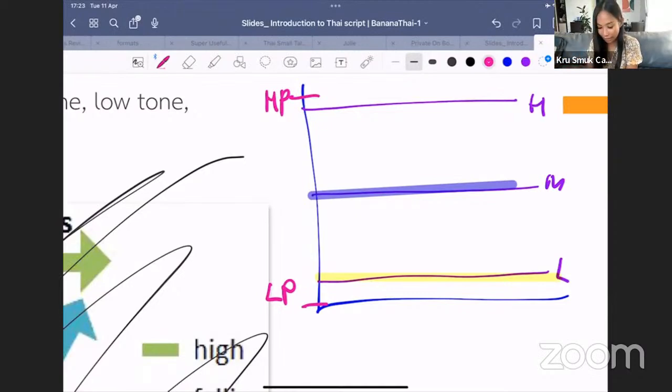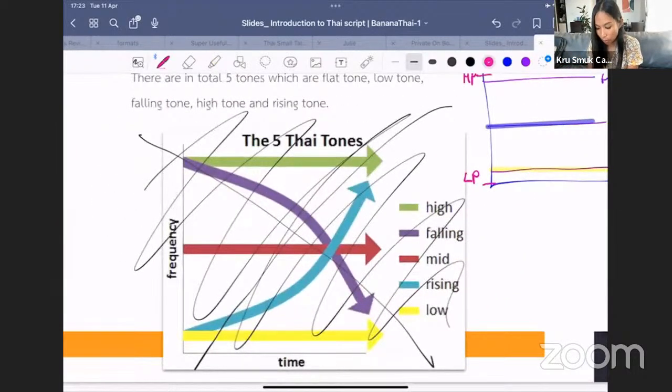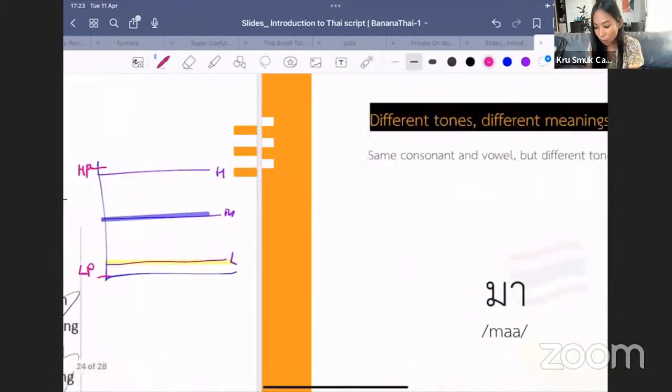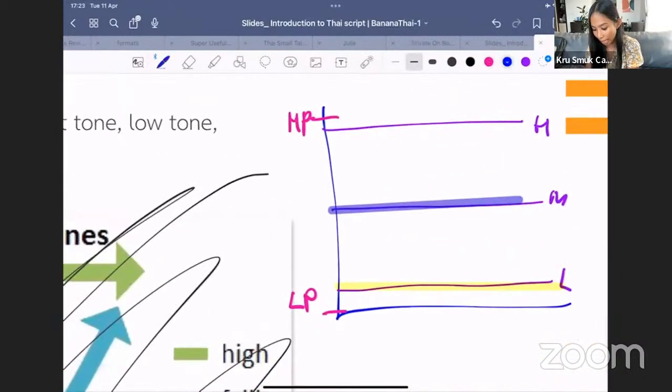It doesn't go like this. This is wrong. Some people draw the tone like this, ma. This is wrong because it could be mid, starting from mid. It has to start from low, end at low, ma.